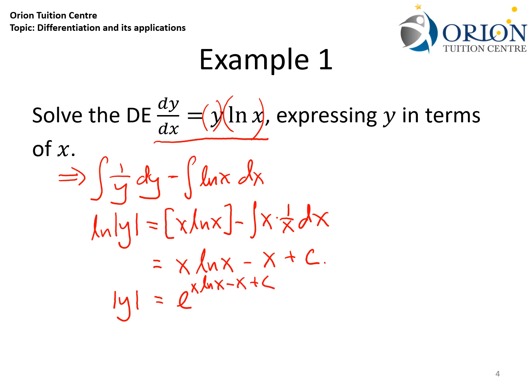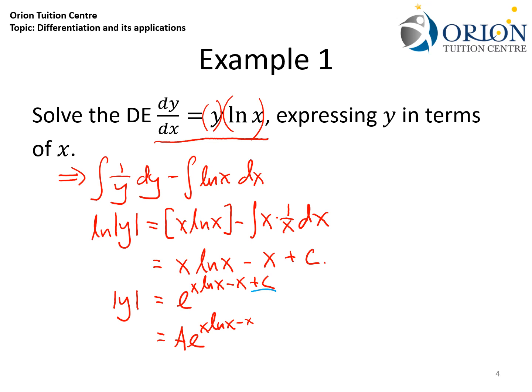However, this plus c in the power is not a very nice term, so we tend to want to write it as a. So we get a e^(x ln x − x). And also, this modulus isn't very nice as well.